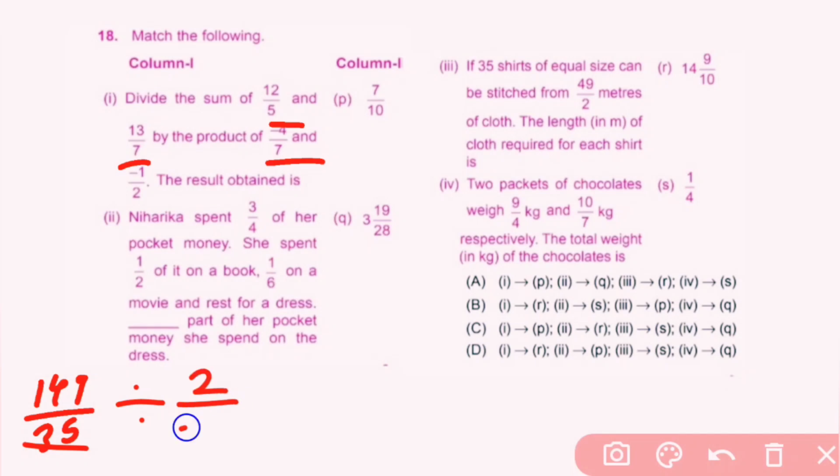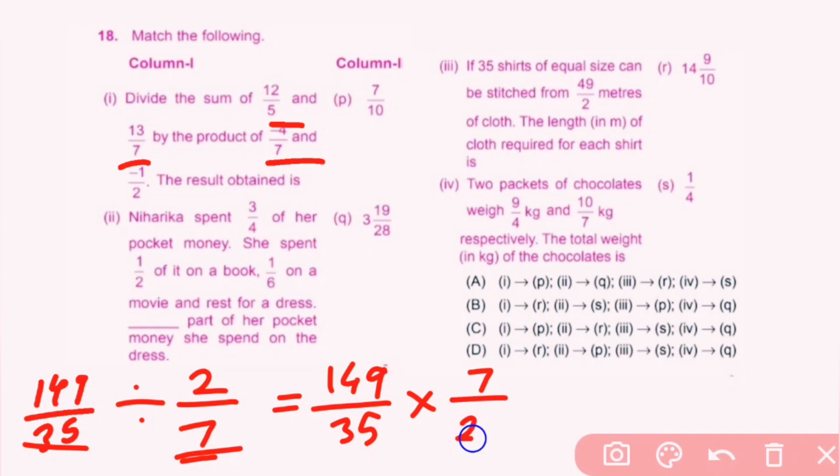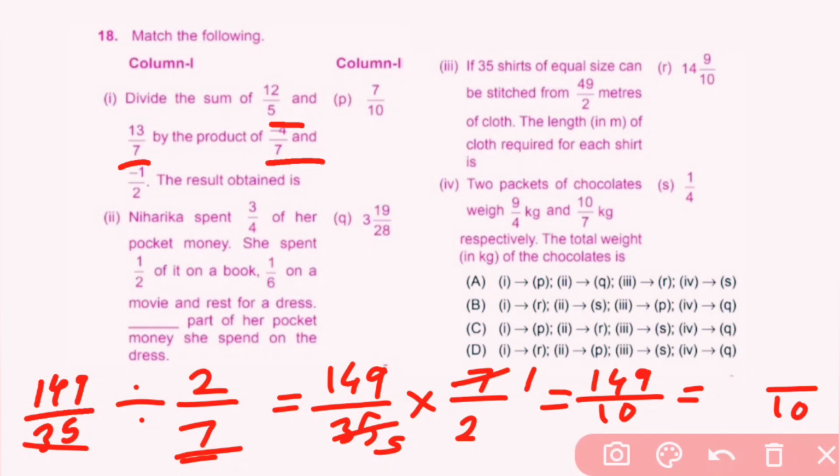The product is 2 by 7, so we take the reciprocal of this, 7 by 2. 7 ones are 7, 7 fives are 35. So 149 by 10. We will convert it into a mixed fraction. So 10 into 14, 140 plus 9, 149. So here for A, R is the correct answer.